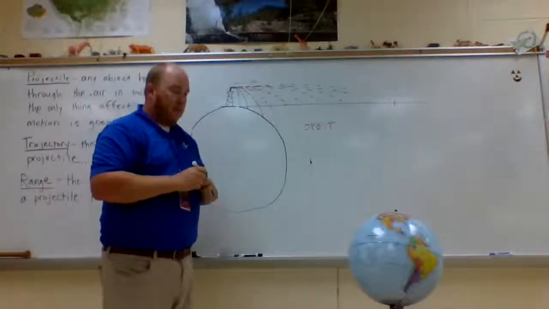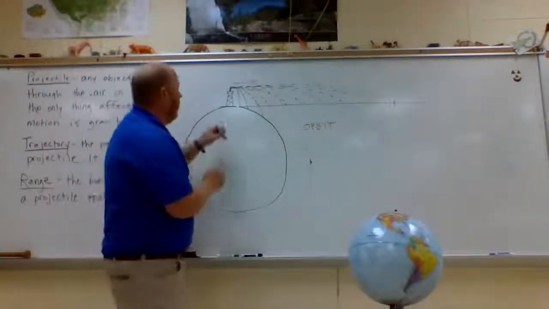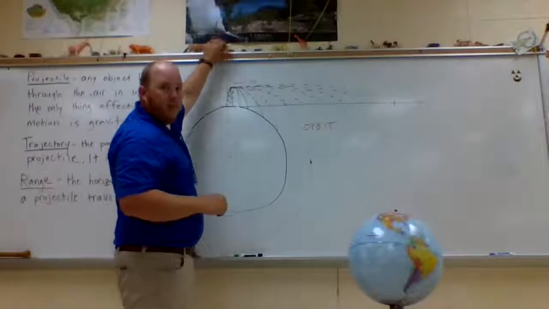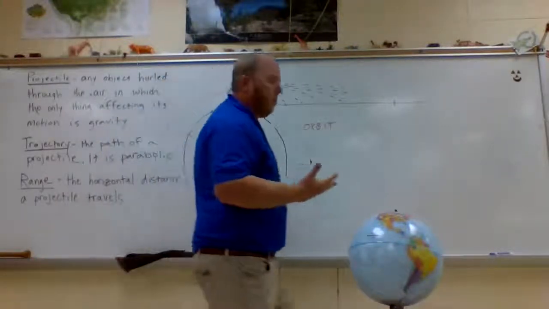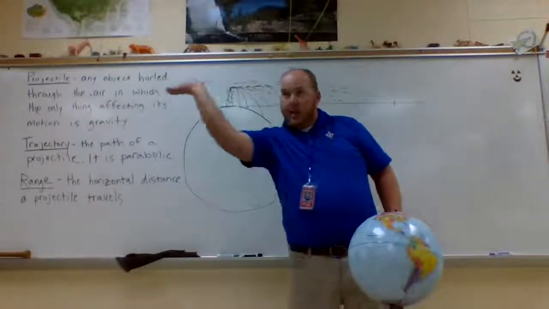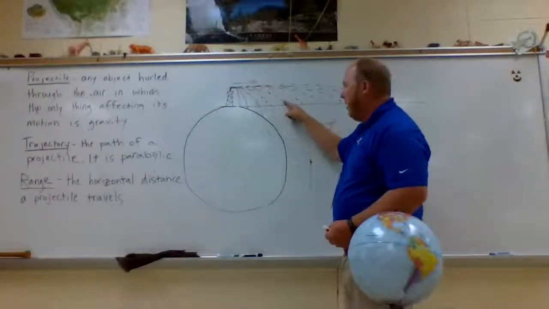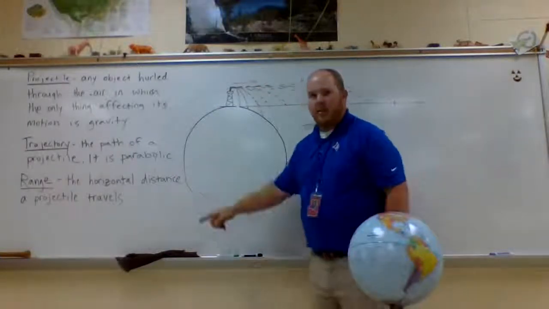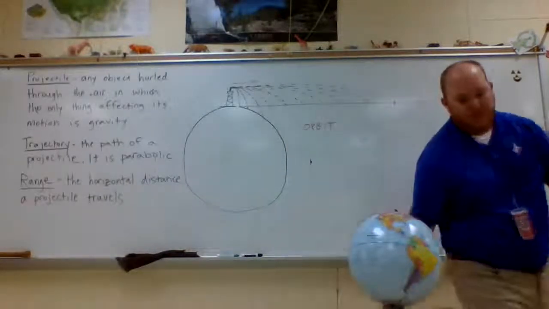Okay? In order to get into orbit. Otherwise, it's just going to go straight up and come straight back down. What goes up must come down. That's true. Unless it goes up and then goes really fast sideways. So fast that every time it falls, it just misses the Earth every time. And this is what we call orbit.